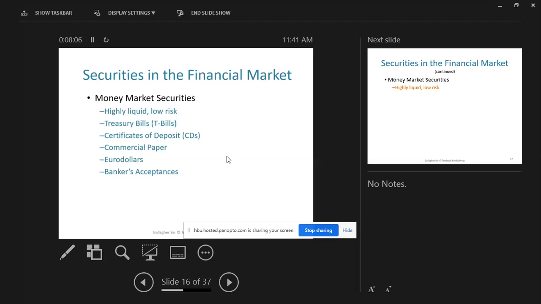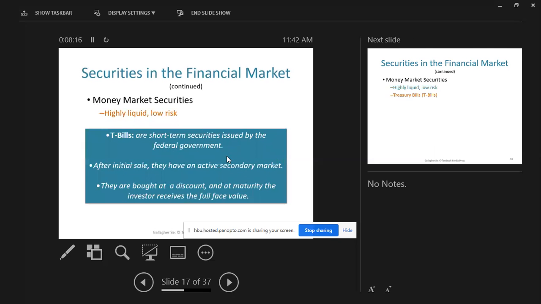Eurodollar is US dollar deposits overseas. It's short term. Eurodollars are dollars in banks located outside of the United States. Why is this eurodollar?